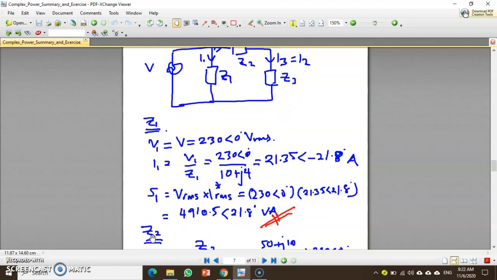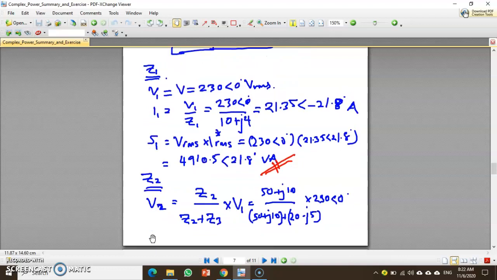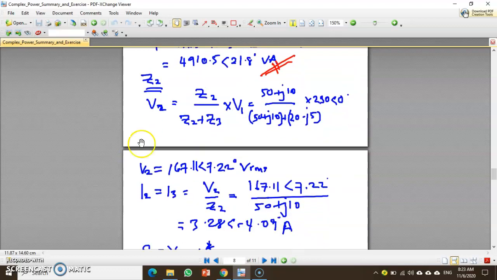Next you can determine the complex power for Z2. In this case, you need to determine the voltage across Z2 and the current of Z2. First, how to determine the voltage of Z2? You can use the voltage divider.